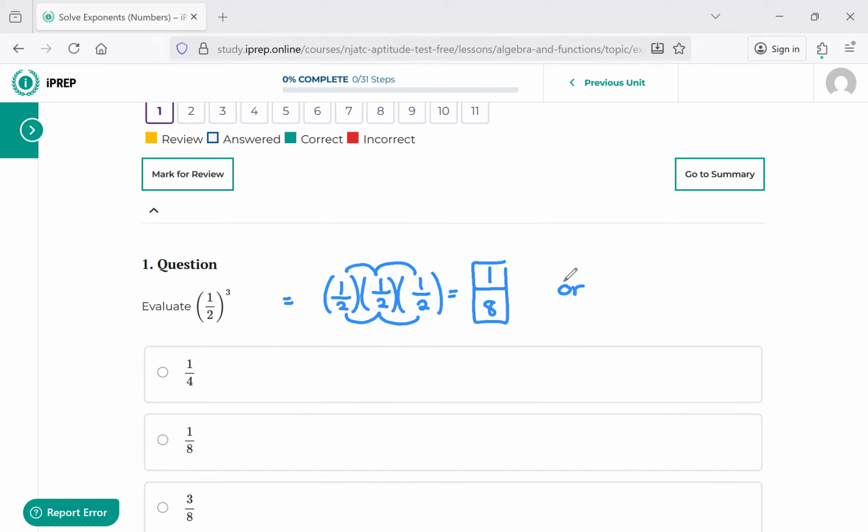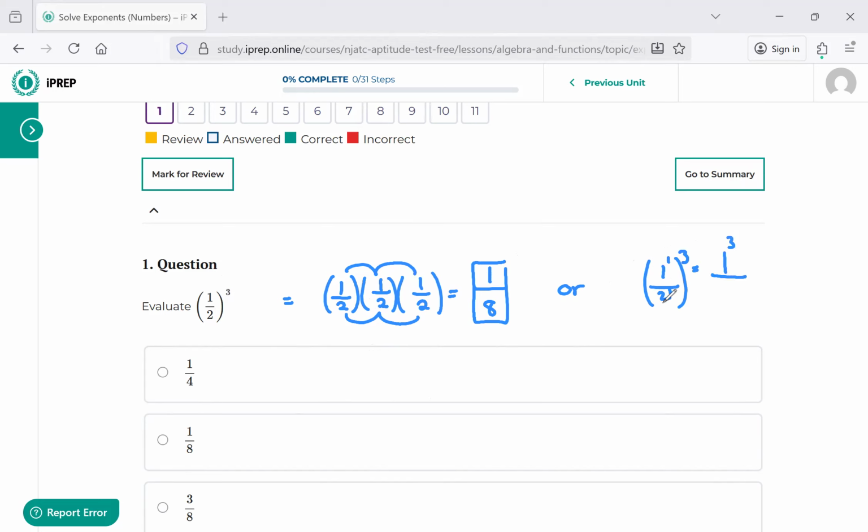Or what you could have done is raise the exponents. Now, 1 over 2 doesn't have an exponent, or it has an invisible 1, right? Remember rule 2, when you raise, you multiply the exponents. So this is like saying what's 1 times 3? 3.